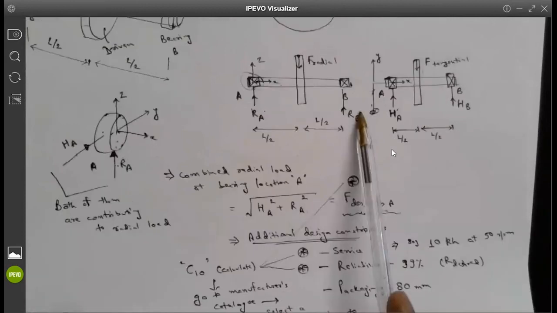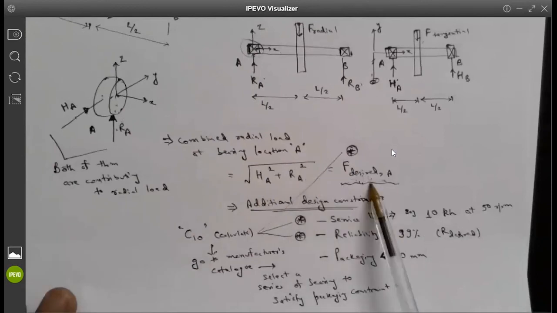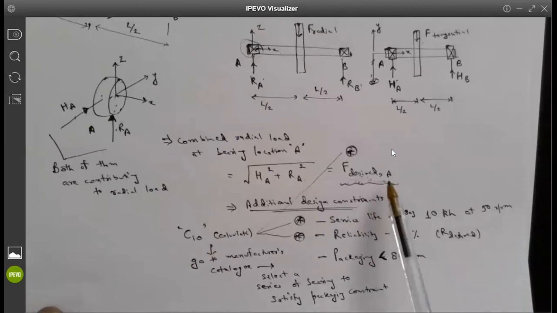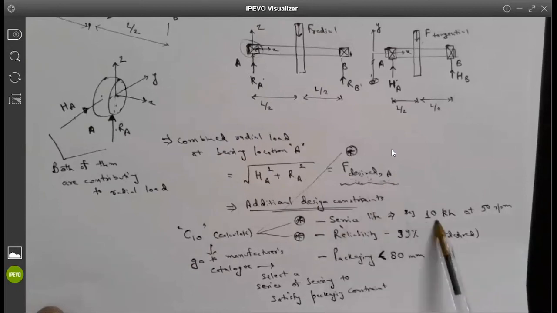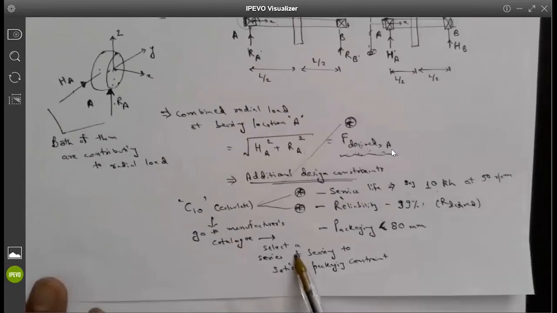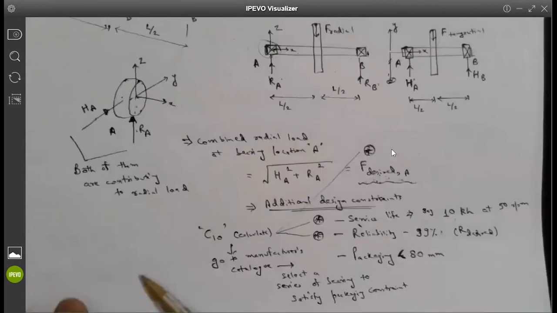Once you get them, you combine them to get the desired radial load for location A. The same thing has to be done for location B. Then you have the additional constraints: I want my service life for this much duration, and I want my reliability to be this much. Combine all three together to get C10. Go to the manufacturer's catalog, select a series of bearings, and see whether it matches the packaging constraint. If not, use a different series of bearings, and that is how a bearing is selected for a given application.